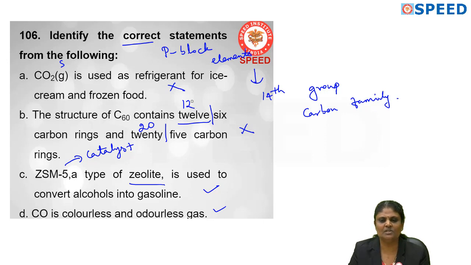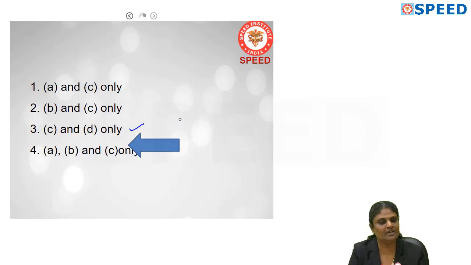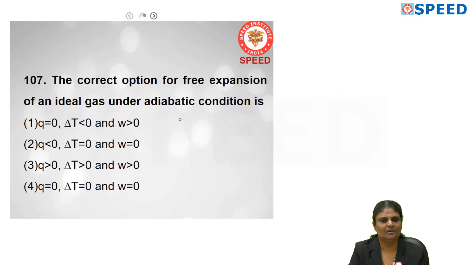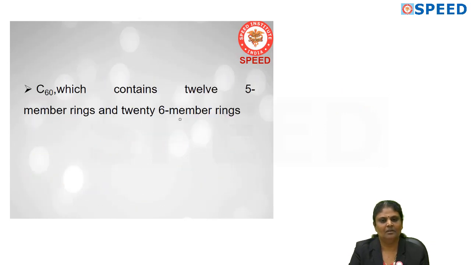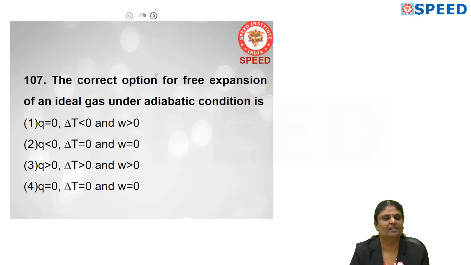So 12 5-membered rings and 26 6-membered rings is the correct one for C60. That's correct.